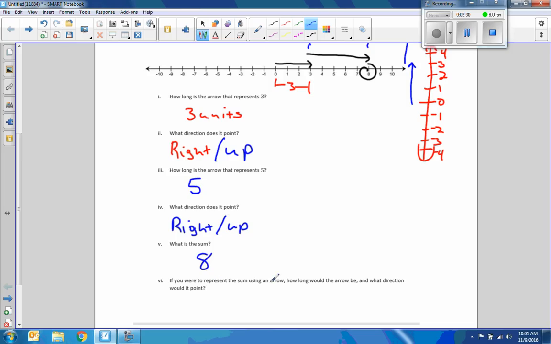If you were to represent the sum using an arrow, how long would the arrow be? 8 units long, pointing right. So it's positive. It's 8 units long, pointing right.